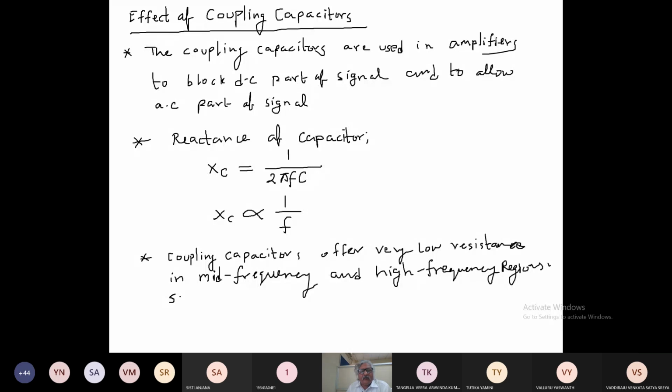Why is it not looking like this? So you got this point? Means you just see here.